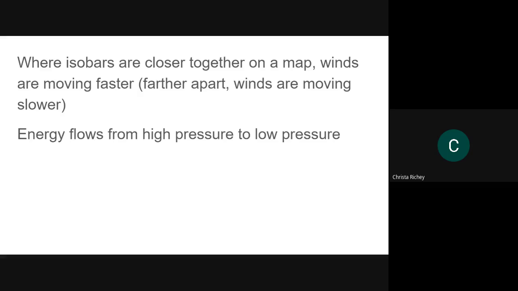You a lot of times see pressures associated with these. The one I'm going to show you has just a low pressure in it. Energy goes from high pressure to low pressure. Cold fronts to warm fronts. When you have a cold front moving in, like yesterday, we get stronger wind when a cold front comes through.